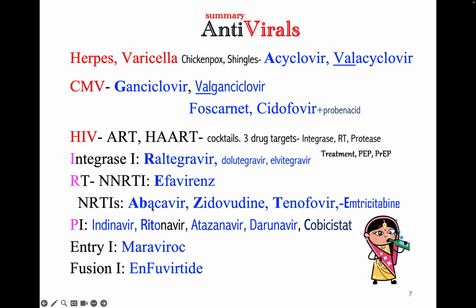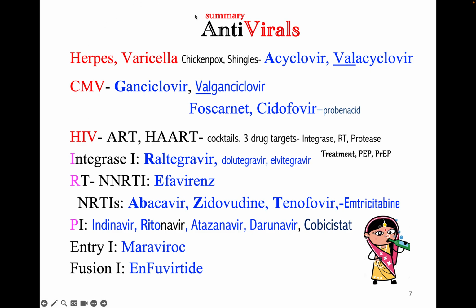Then Abacavir, the board always likes to ask the mechanism of action of this drug, and Abacavir is contraindicated in patients with the HLA-B mutation to prevent hypersensitivity. Zidovudine is a drug which protects infants from contracting the HIV virus from pregnancy, but just the mother will receive this drug.